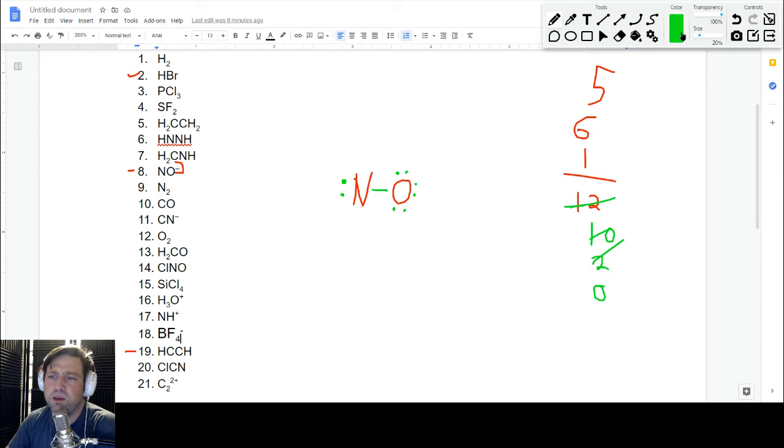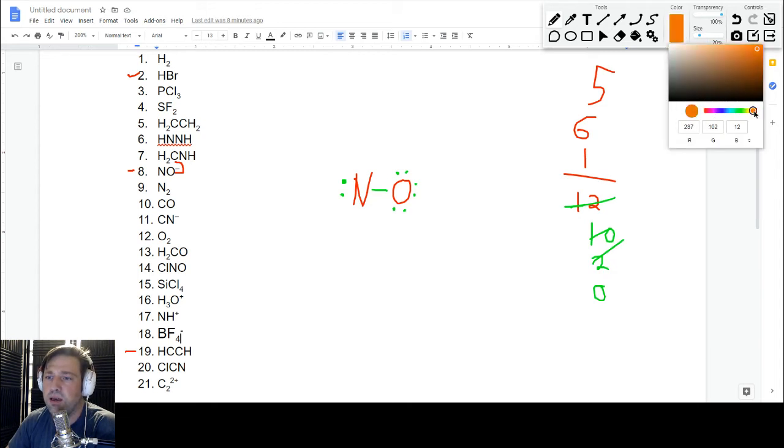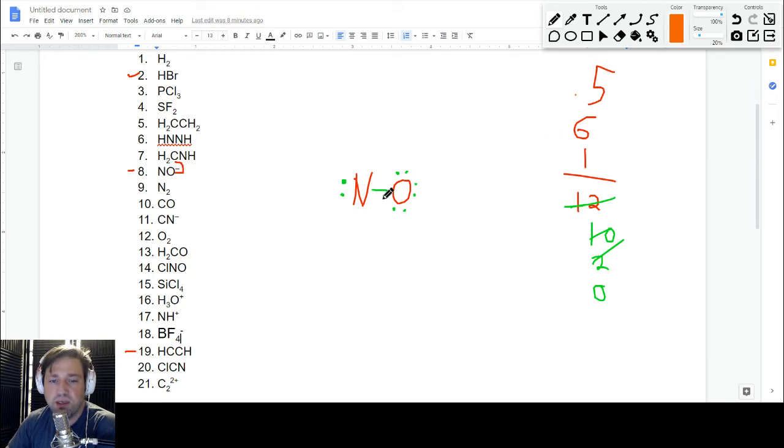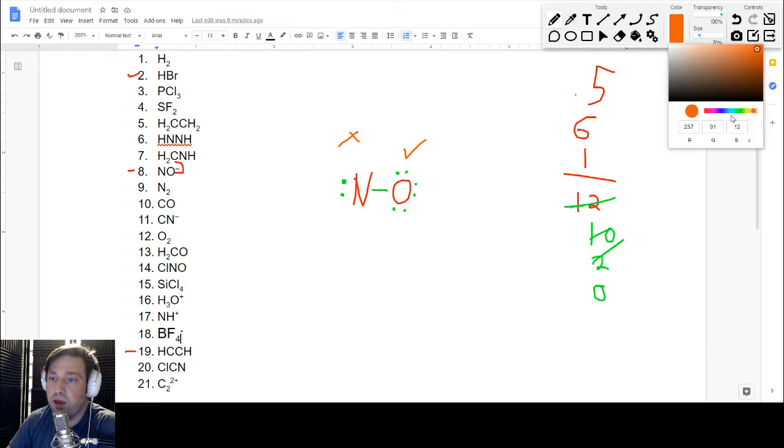Well, first off, let's look at the octets. So for oxygen, does it have an octet? 1, 2, 3, 4, 5, 6, 7, 8. Oxygen has an octet. Nitrogen, 1, 2, 3, 4. No. So what are we going to do? We're going to need to share more.